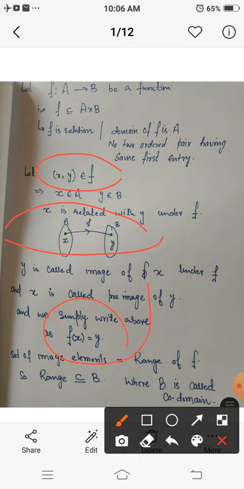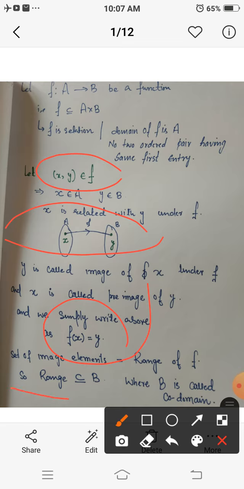The set of all images means the set of second entries. The set of second entries is called the image set, and this image set is simply called the range set of f. So the range of f equals the set of all images of f.